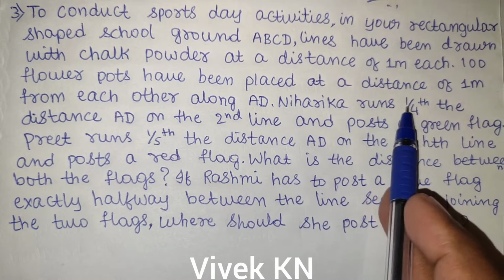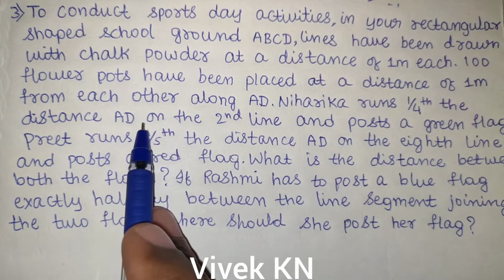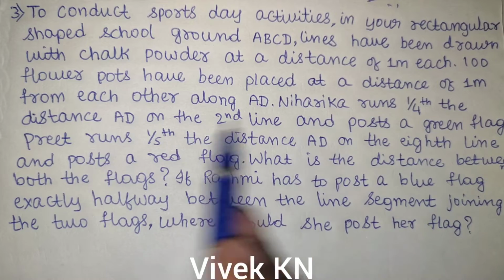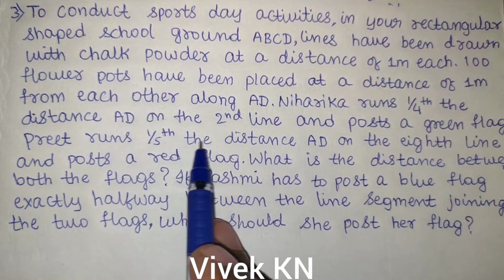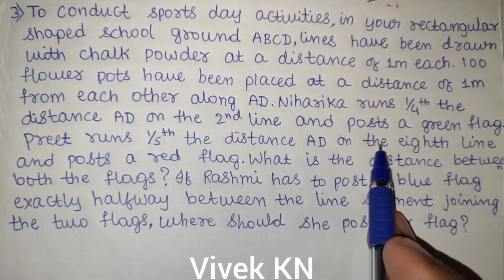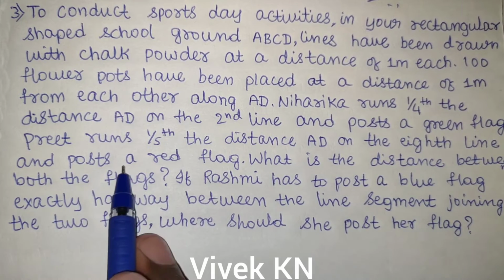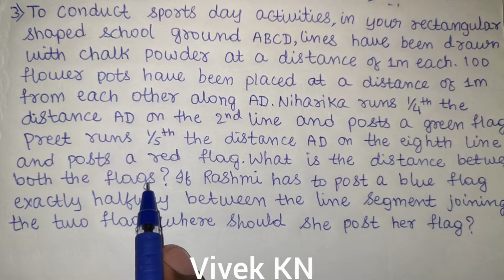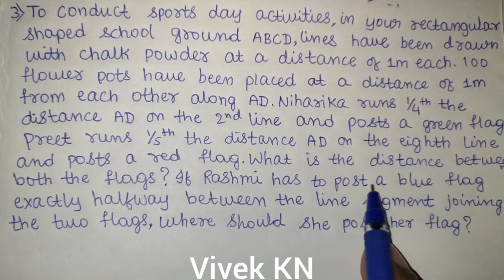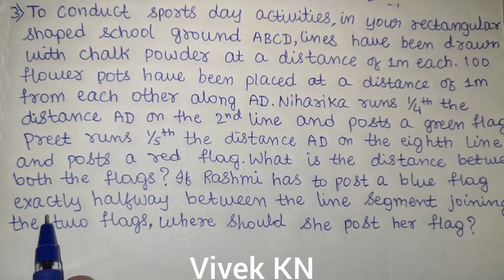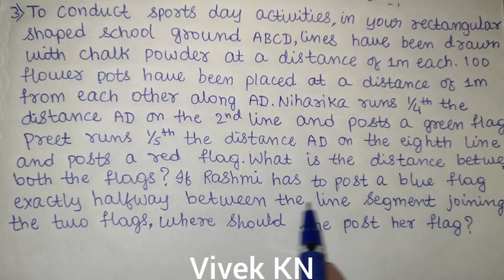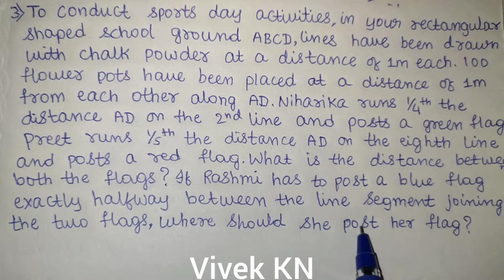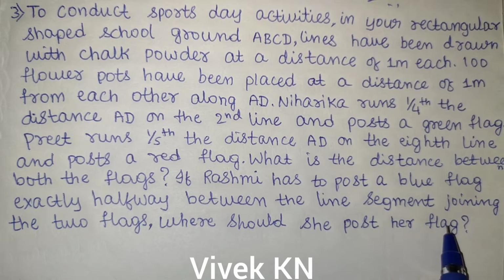Niharika runs 1/4 the distance AD on the second line and posts a green flag. Preet runs 1/5 the distance AD on the 8th line and posts a red flag. What is the distance between both the flags? If Rashmi has to post a blue flag exactly halfway between the line segment joining the two flags, where should she post her flag?